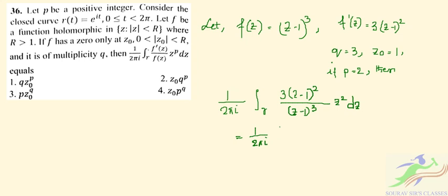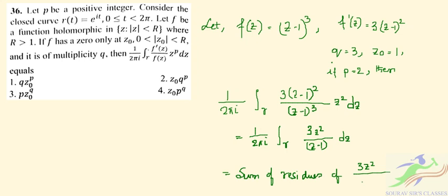It can be written as 1 by 2 pi i integral of 3 z square by z minus 1 dz. So this is the sum of residues of this integral.